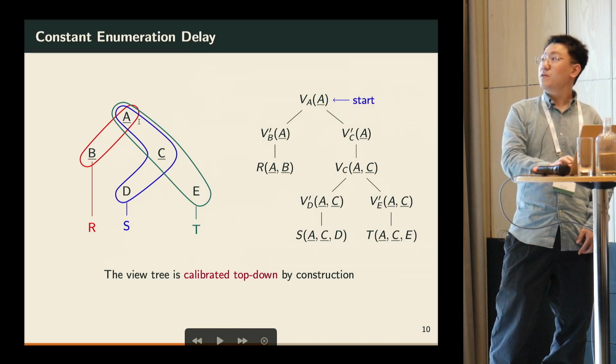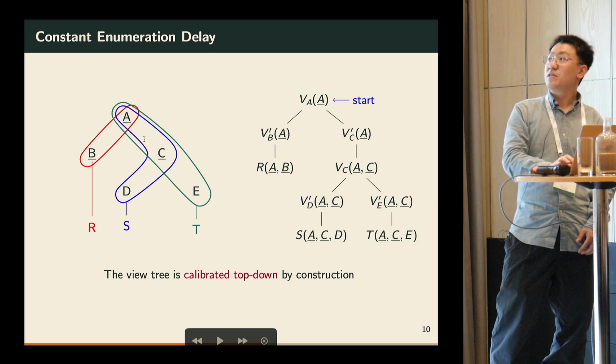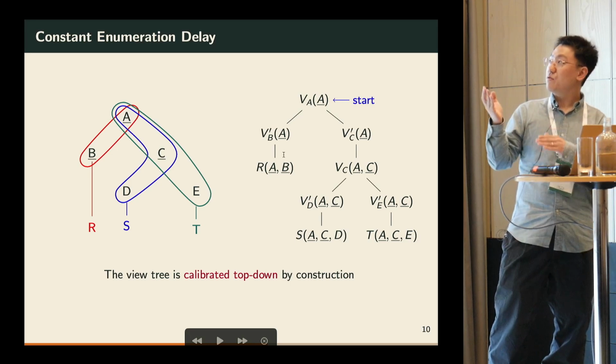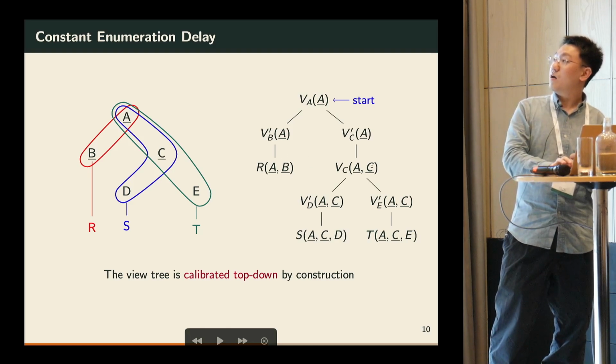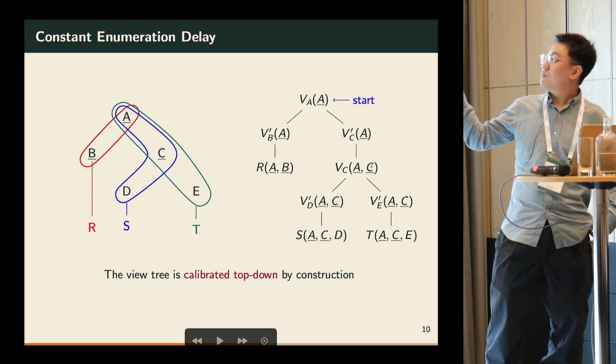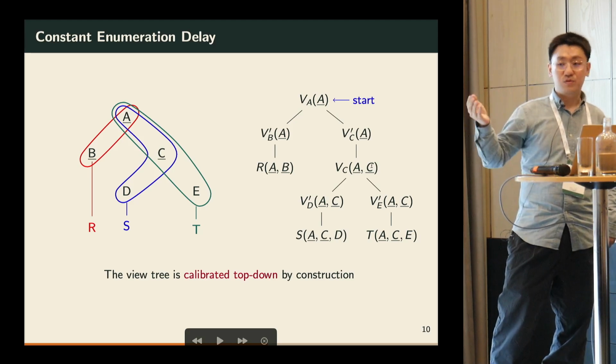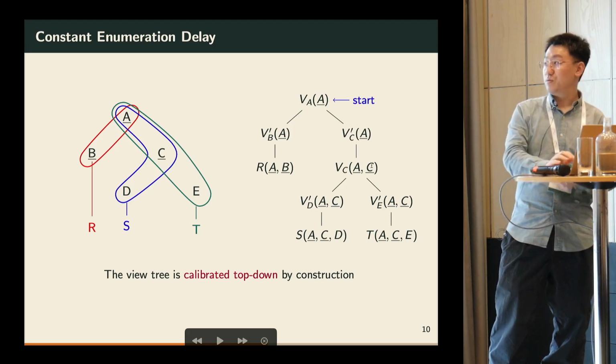So for this one, we have the free variables A, B, C. They are connected at the root, which means in the corresponding view tree, these variables are stored in the views that are connected at the root.